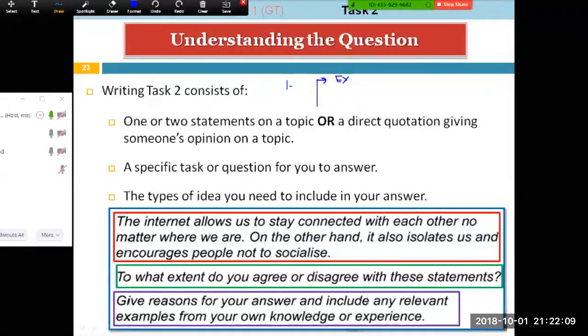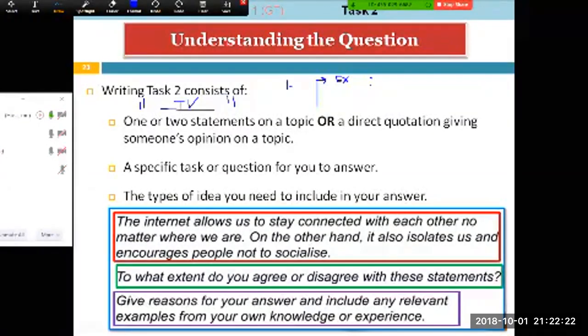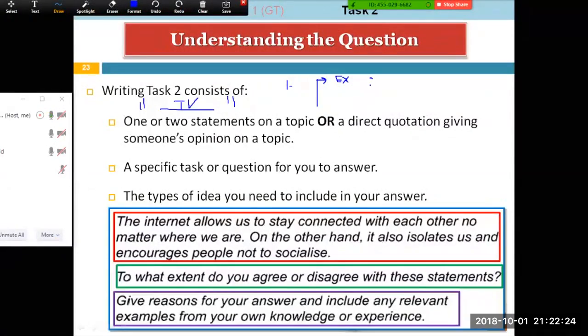For example, if there's a topic about bad or harmful effects of watching TV for longer durations.